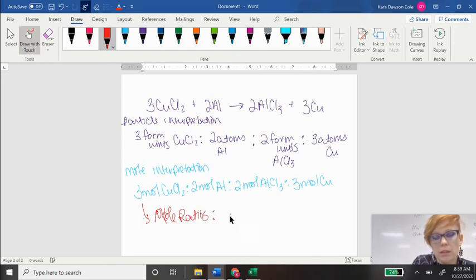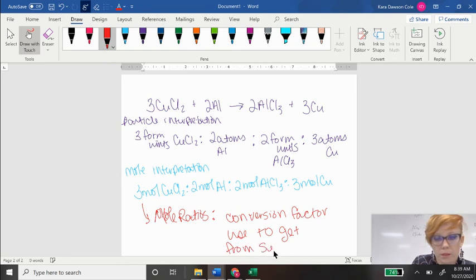And this is the conversion factor we use to get from substance A to substance B.